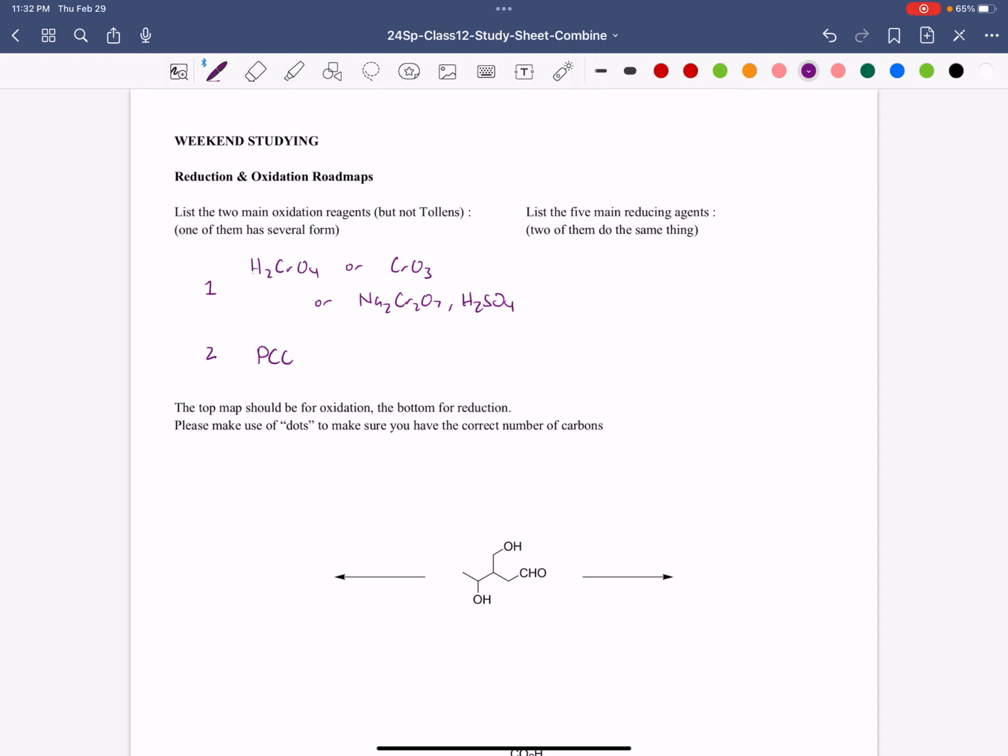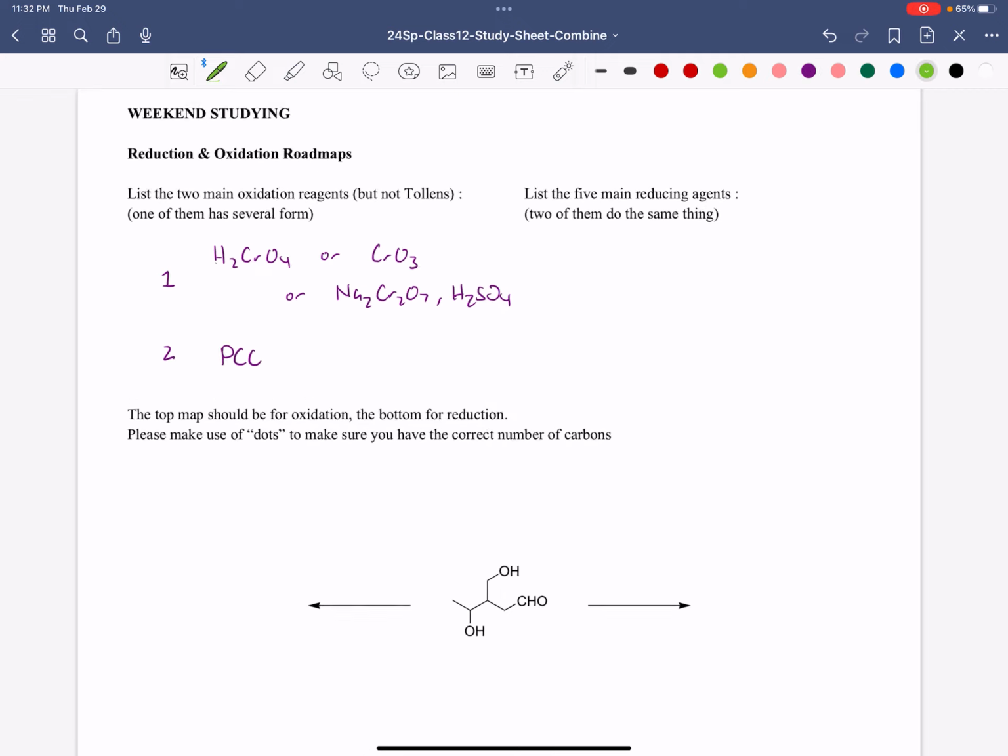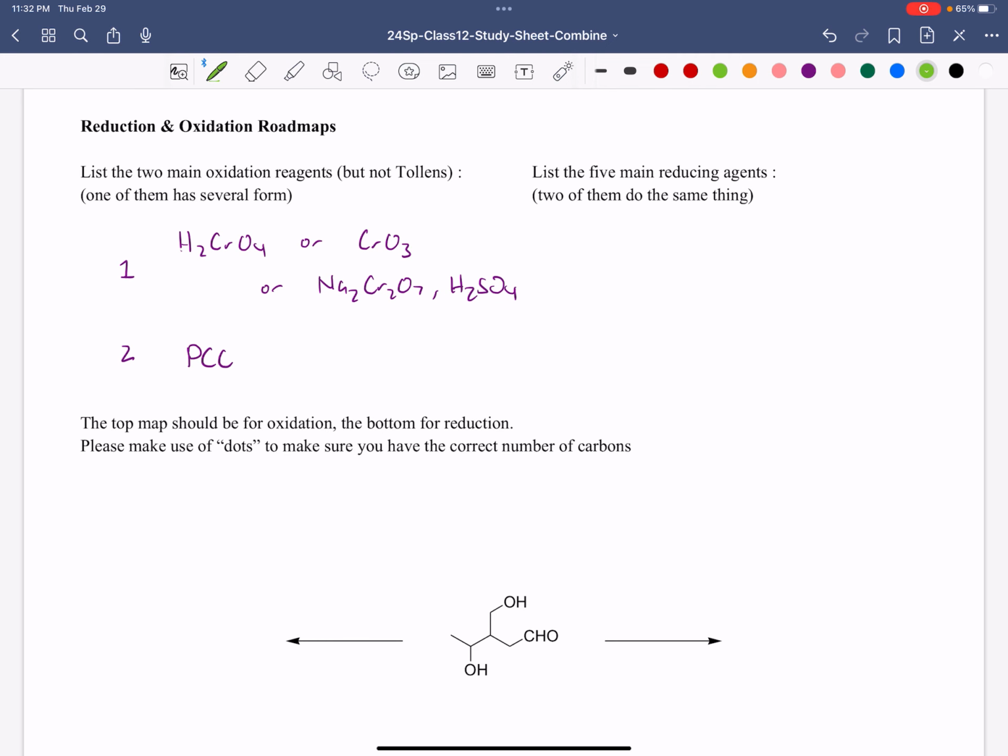What's new for everyone is the reducing agents. And let me do that in green. And so reducing agents, I'm going to try to do this in order of how we learned it. We first looked at hydrogenation because we saw this actually in Organic Chemistry 1 to reduce carbon-carbon double bonds and triple bonds.